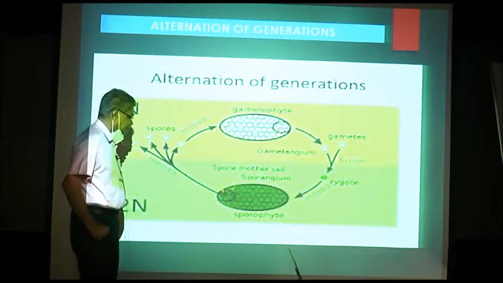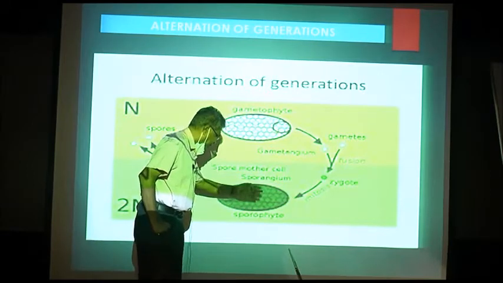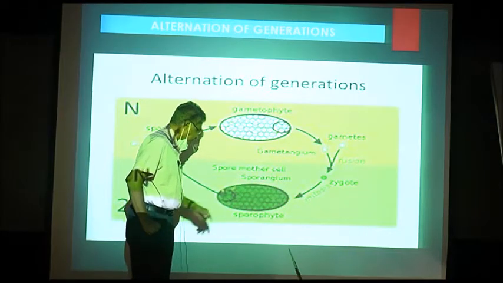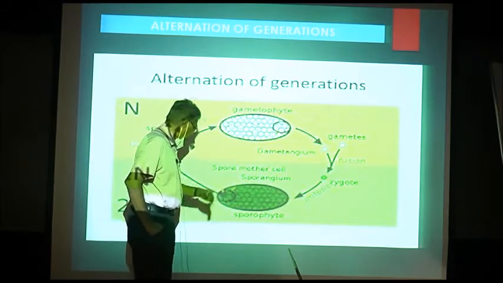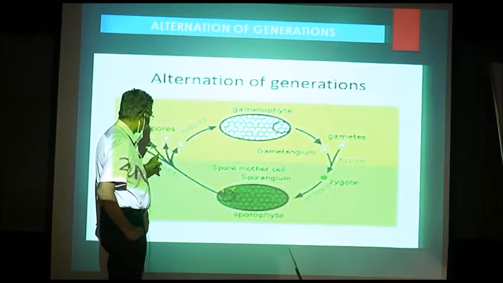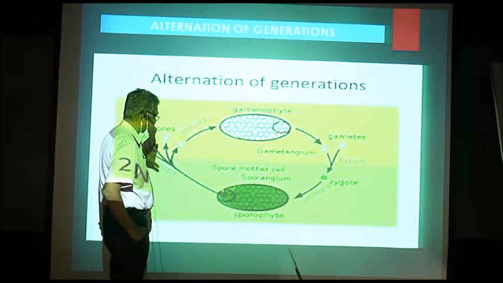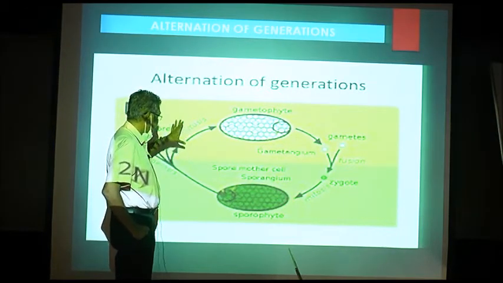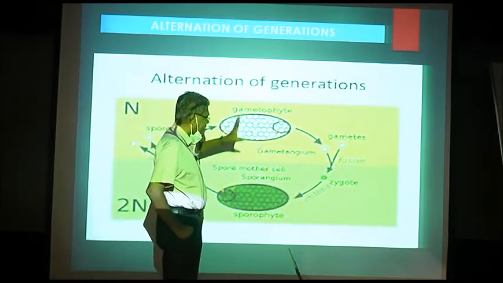Let me repeat the cycle again. There is a sporophyte. The sporophyte is diploid with 2n number of chromosomes. The sporophyte has sporangium. The sporangium develops spore mother cells, which are also diploid, and the spore mother cells undergo meiotic division to form spores. Meiotic division is reduction division. The spores are haploid. The haploid spores undergo mitotic division to form the haploid gametophyte.